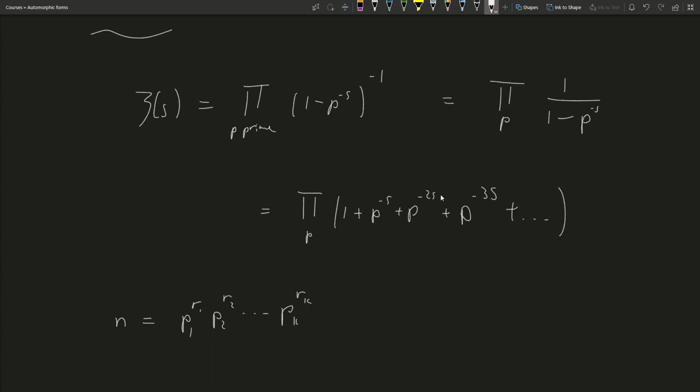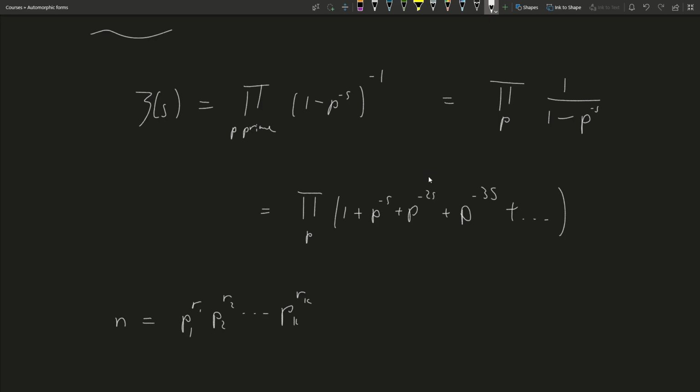And then in each factor, you find the appropriate term: you go to the p1 factor in this product, and take the term where the exponent is r1, the r plus 1th term.